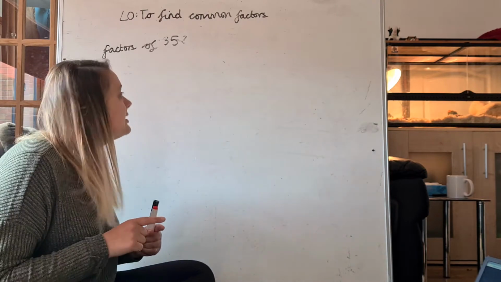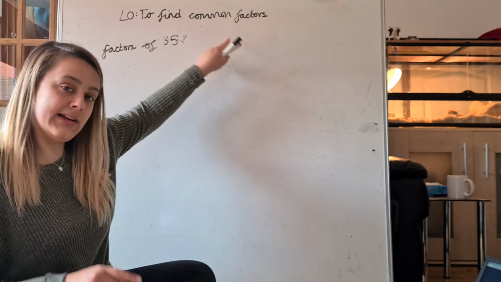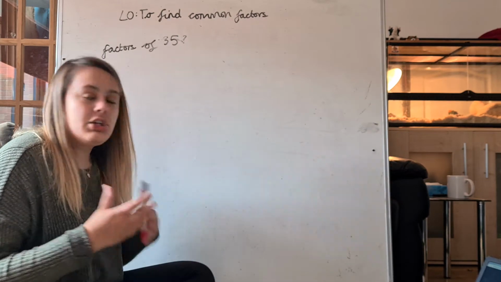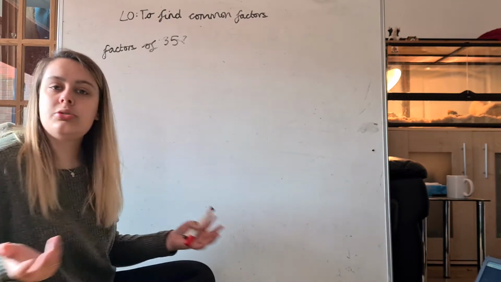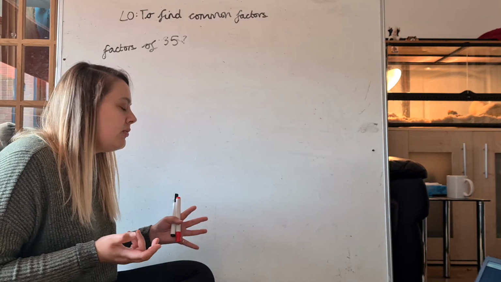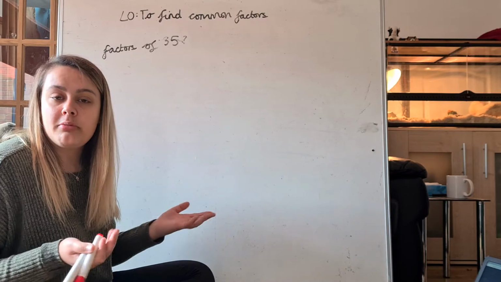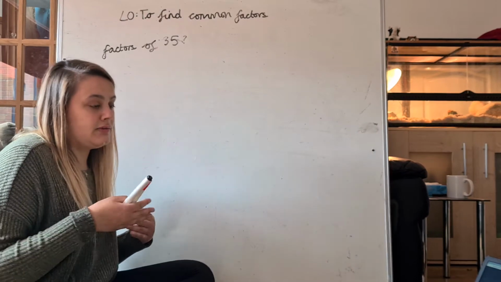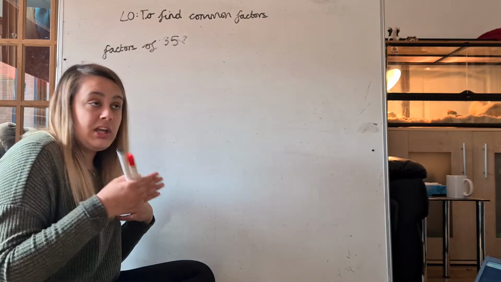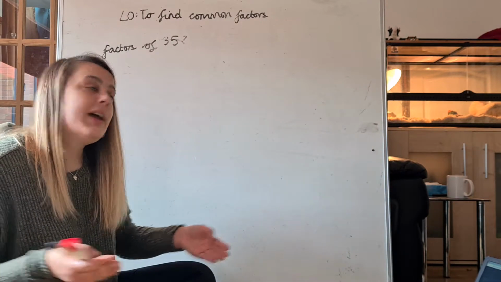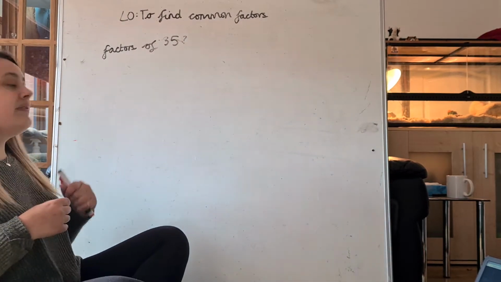So a common factor is when two or more numbers share a factor. We might find that 12 and 15 both have a common factor of 3, because 12 divided by 3 equals 4 and 15 divided by 3 equals 5. So those are factors and common factors.